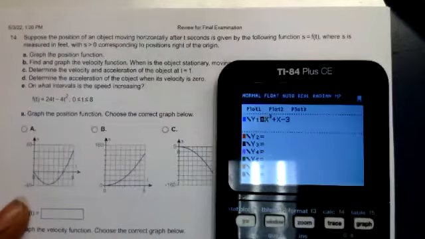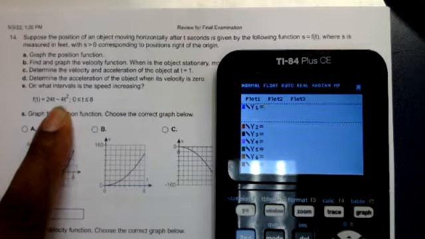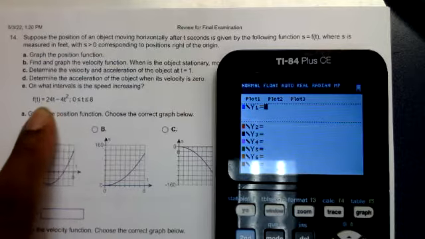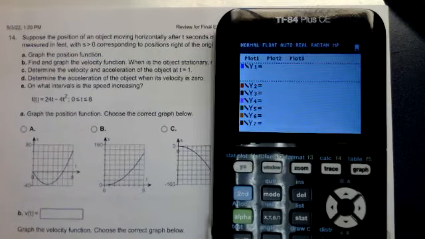So let me go to y equals and clear this equation out, and I'm going to enter 24t minus 4t squared. And the t, I'm going to replace with an x. So this will be 24x minus 4x, and then square it.